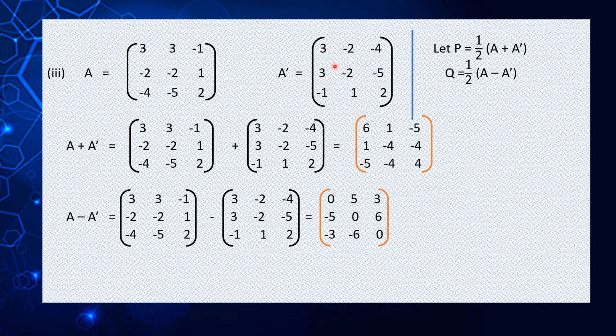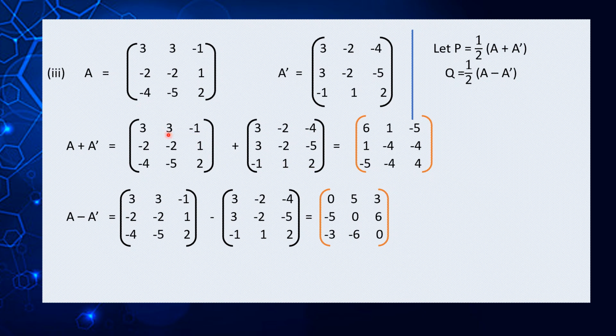That is 3, minus 2, minus 4, 3, minus 2, minus 5, minus 1, 1, 2. Now, first find out A plus A transpose, which is equal to A plus A transpose with these entries.